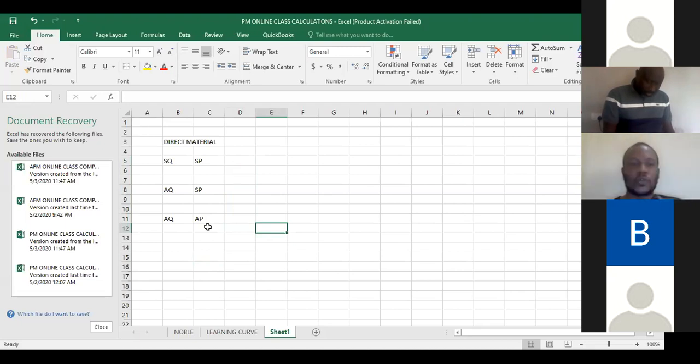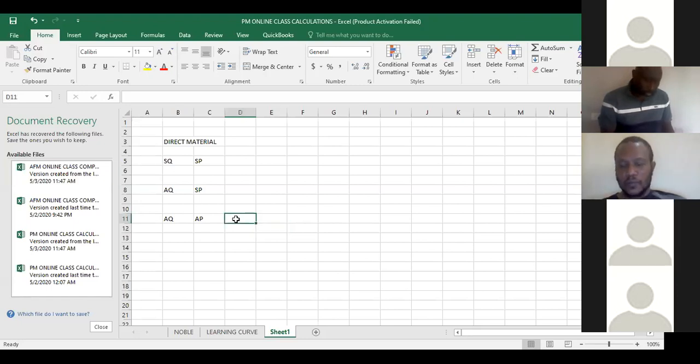So for material, actual quantity, actual price is what? 9,800, because the total amount spent on material for the period, the total cost of material, is the actual quantity, actual price. Like we said, actual quantity, actual price is usually given in total form, so we usually expect that in total terms. So 9,800. Everybody with us?